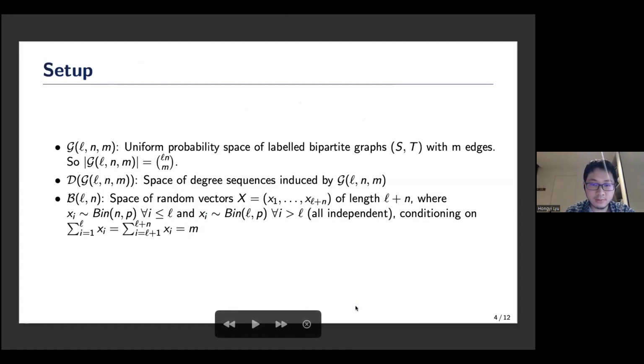And now let me talk to you about the setup for the proof structure. We denote by G the uniform probability space of labeled bipartite graphs.